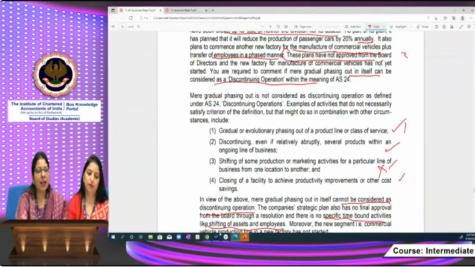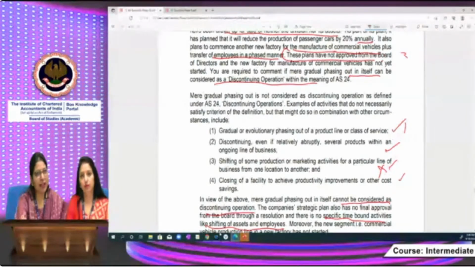Then we have Accounting Standard 24, which deals with discontinuing operations. You have to see the conditions and judge whether a particular operation is actually being classified as a discontinuing operation as per the definition in AS 24, and if it does not fit that definition, what other parameters we have to see for deciding this.